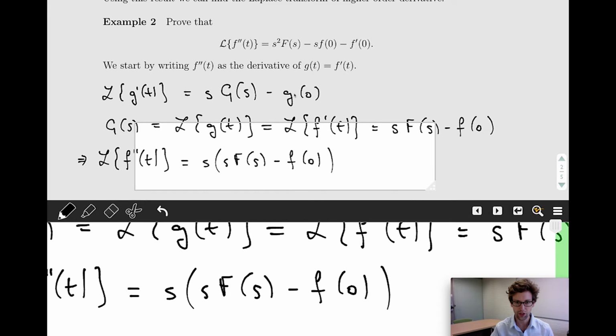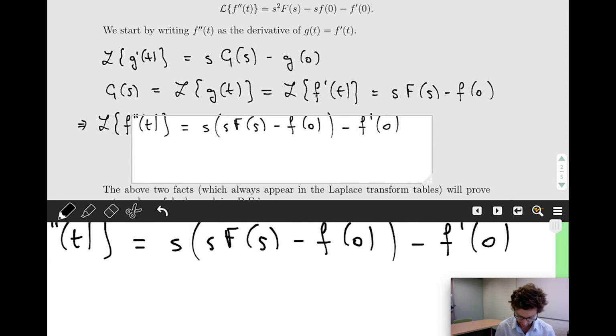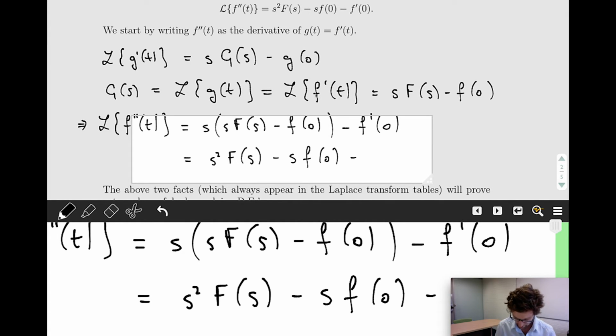And again, g is the derivative of f, so g at 0 is f prime at 0. So now I have my expression entirely in terms of f, f prime, and big F of s, that is the Laplace transform of f. So I can write this as s squared big F of s minus s times f at 0 minus f prime at 0.